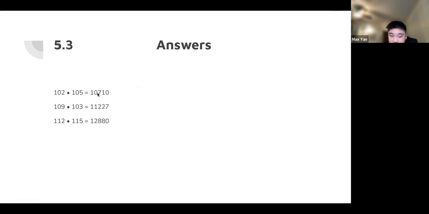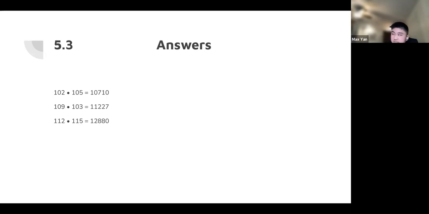You add the 2 and the 5 to get 07, and then you put a 1 in front. For 109 times 103, you multiply 9 by 3 to get 27. You add 09 and 03 to get 12, and you put a 1 in front again.